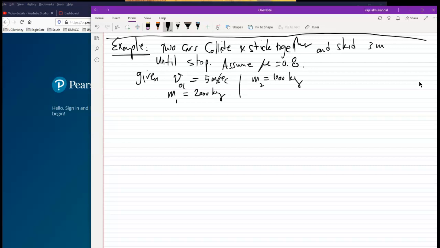They skid, and we want to find the velocity of car 2 before the collision. Got it? Let me draw a picture from my notes to show you how it looks. Here is car 1, and this is car 2.